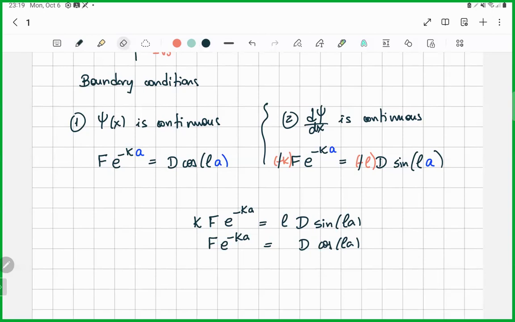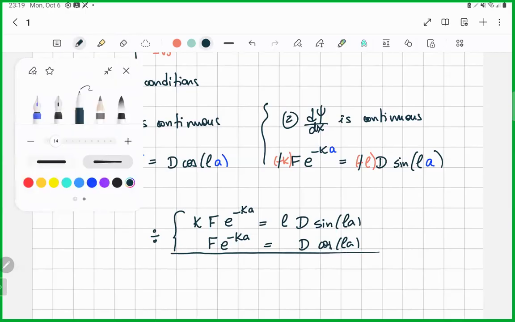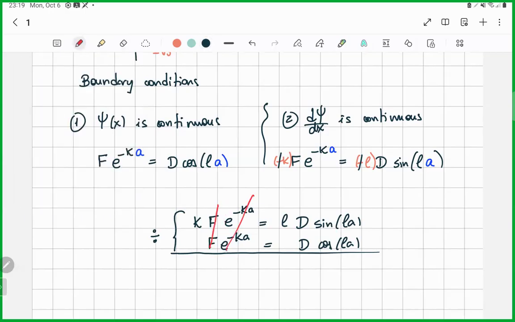Okay, so how can we get rid of f and d? Well, look, if we divide the top by the bottom, we will get rid of f and d, won't we? If we divide the top by the bottom, f disappears, this exponential disappears, d disappears.